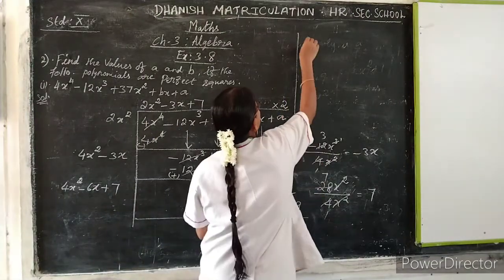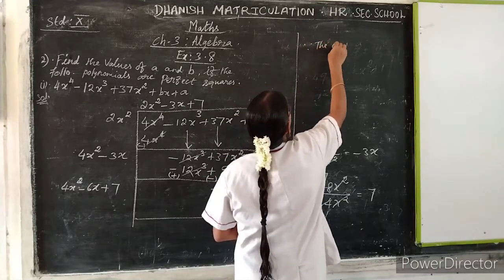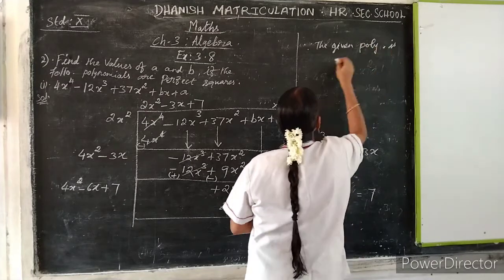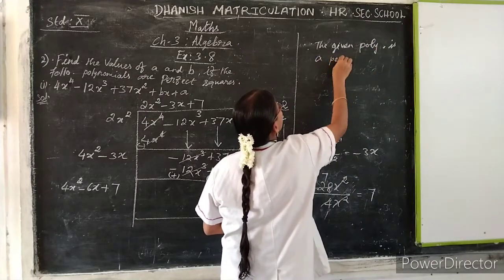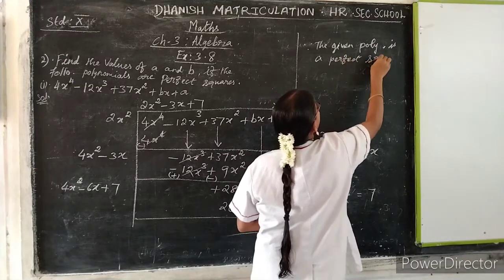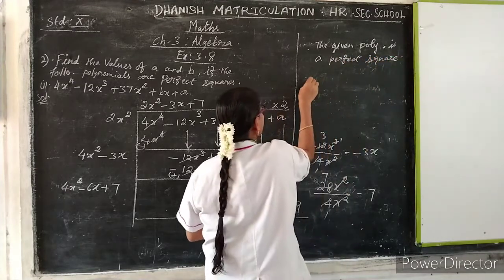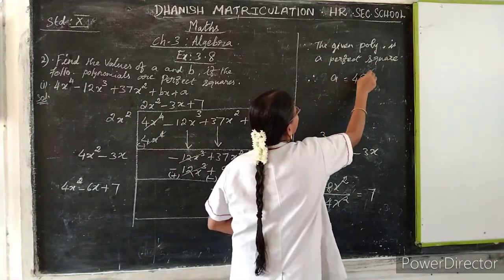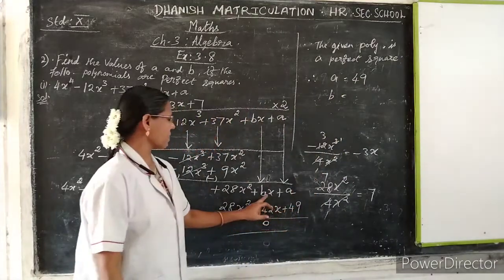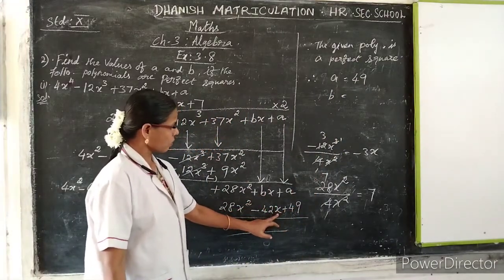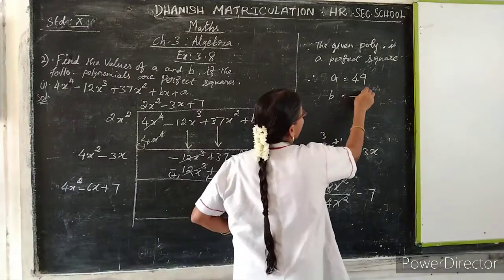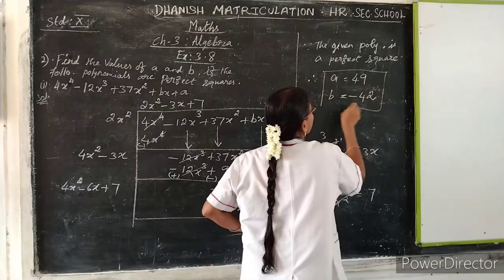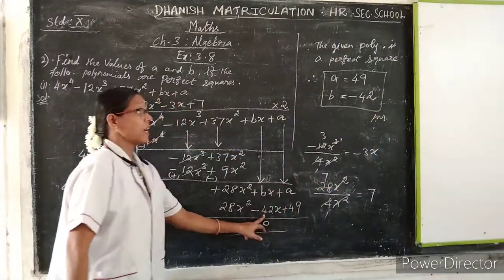Therefore, since the given polynomial is a perfect square, a, the constant term, is +49. b is the coefficient of x only. So the coefficient of x, -42, is the value of b. Don't write x again. This is our required answer.